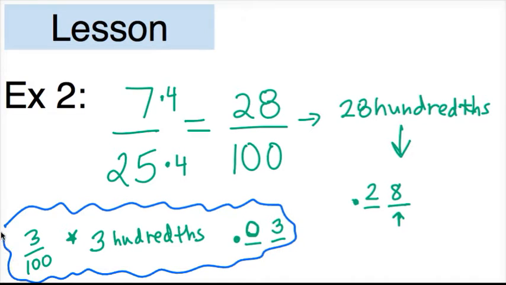The other way you could look at this is that my numerator are the numbers behind the decimal. I have 2 zeros in my denominator, so I have 2 place values after the decimal. In 3 hundredths, 3 is the digit I'm using. 100 has 2 zeros, so my 3 is 2 digits behind the decimal.